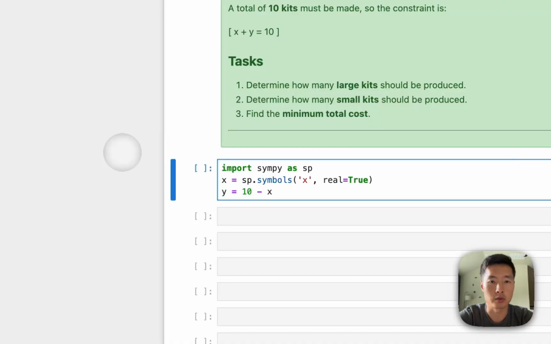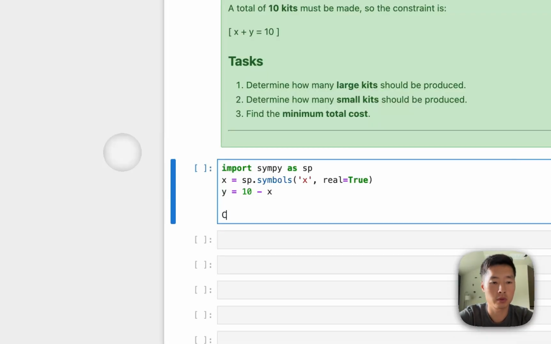So this is our constraint as we mentioned earlier. And then our cost function. The double asterisk will represent the square value. Plus 6 times y squared plus 4 times x times y plus 10.